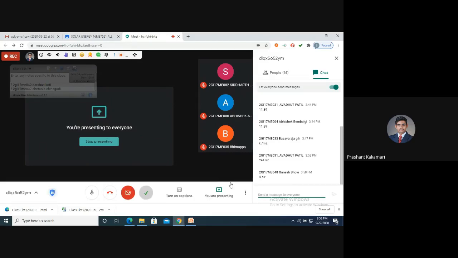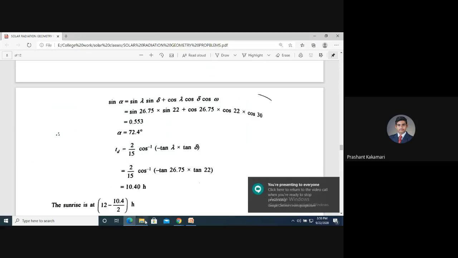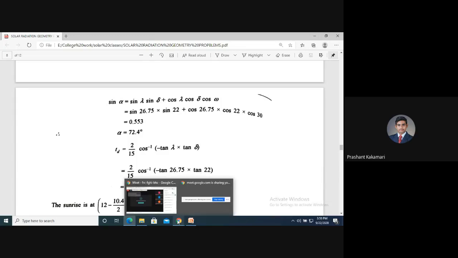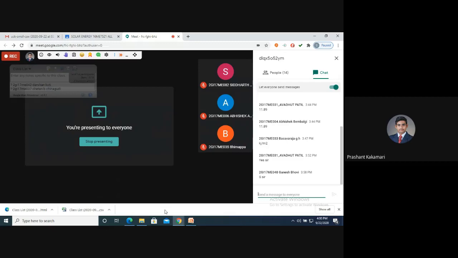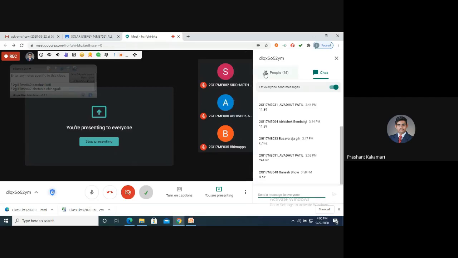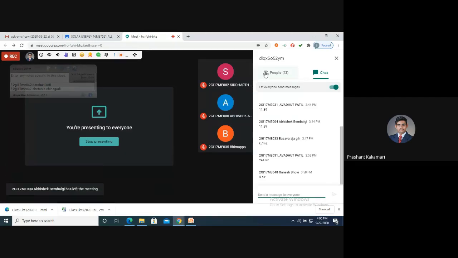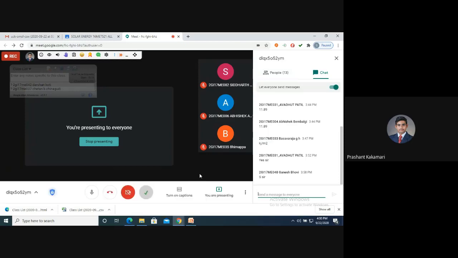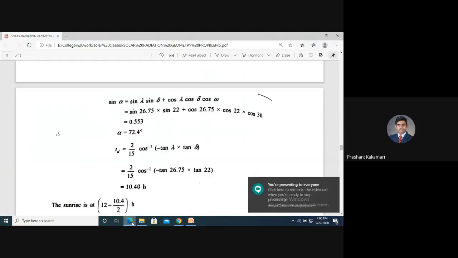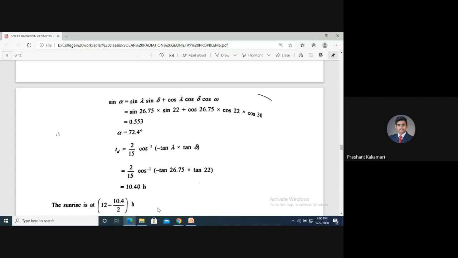Ganesh, the values are correct. Others, are you following? Any replies?